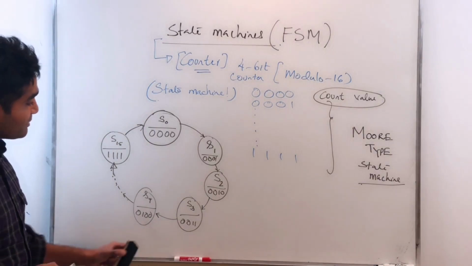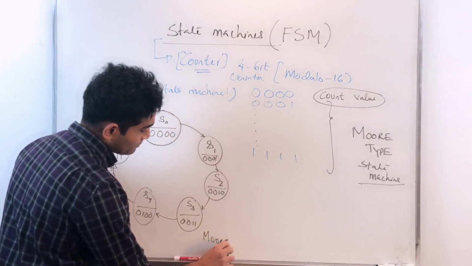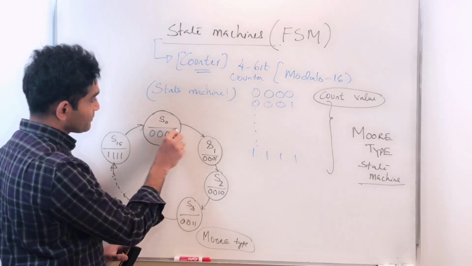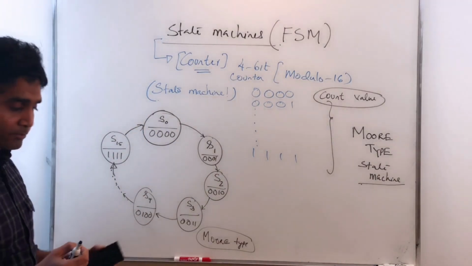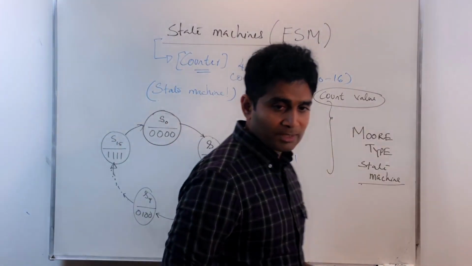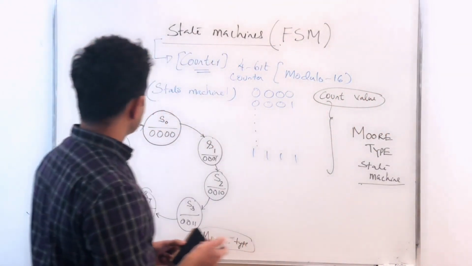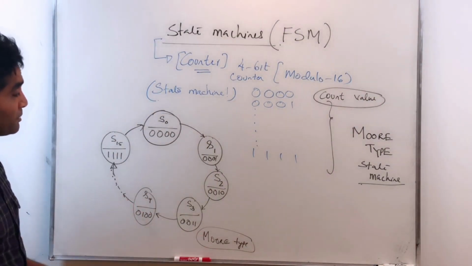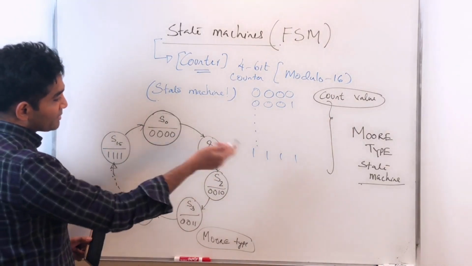Again, I've designed this as a Moore type, because the outputs are nothing but the state values, the variable values themselves. I don't have to have separate outputs here for this particular example, although for other state machines we may need separate outputs. But in this case, it's very simple.